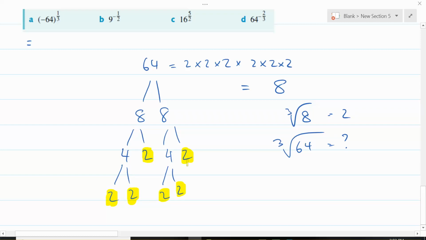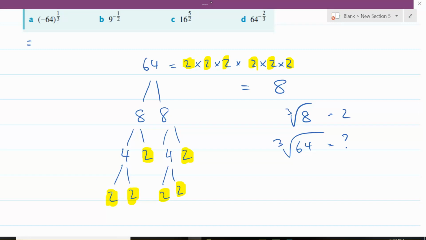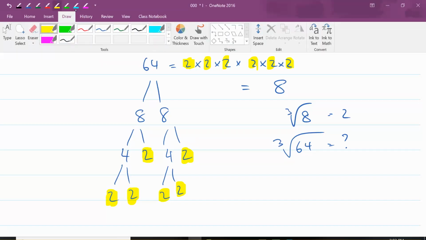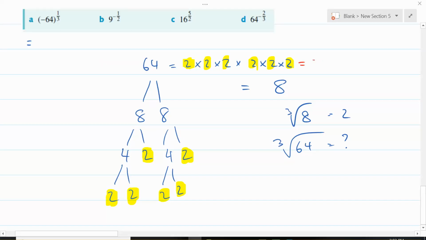That's how I know 2 times 2 times 2 times 2 times 2 times 2 gives me 64. You can rewrite that as 2 to the power of 6. So we can say that is the same thing as negative of 2 to the power of 6, to the power of a third.